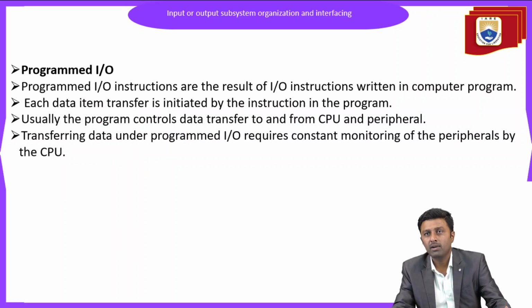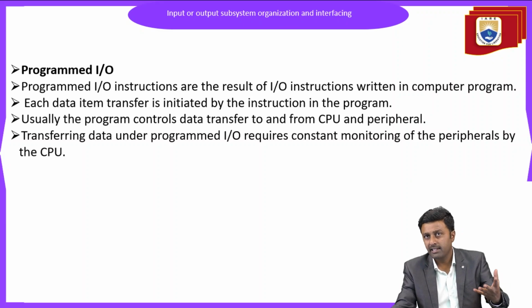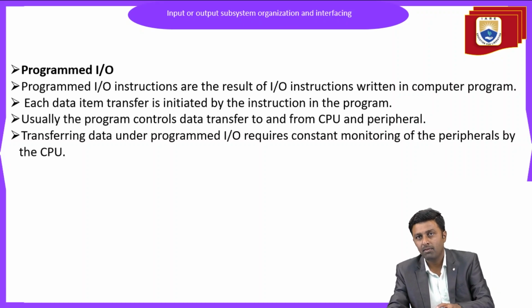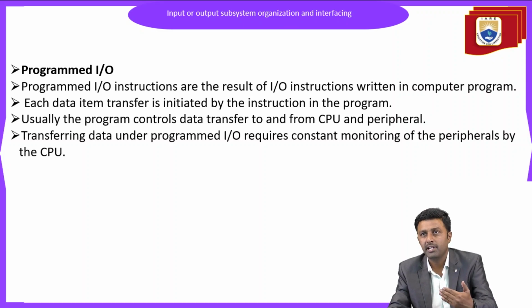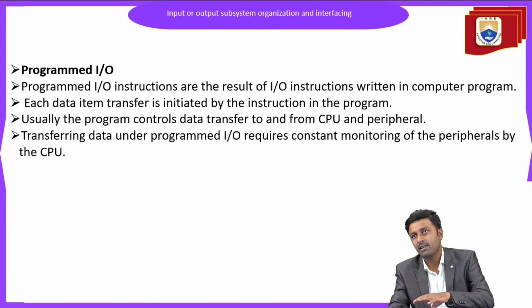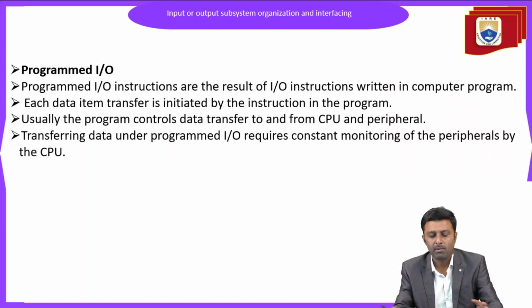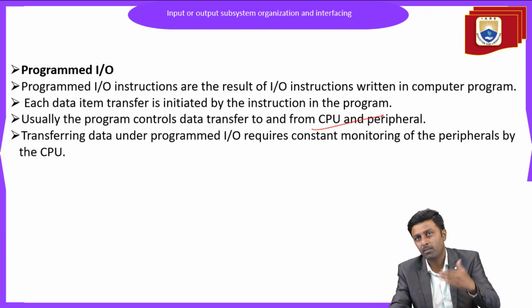In the programmed IO, as the name itself indicates, the programmed IO instructions are the result of the IO instructions written in the computer. With the help of a program, the data transfer will be initiated in the computer with the help of the CPU and the peripherals. The task to be performed by the CPU will be initiated with the help of the program instructions.